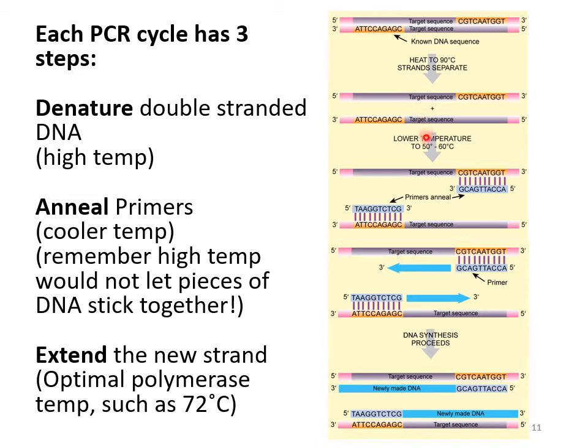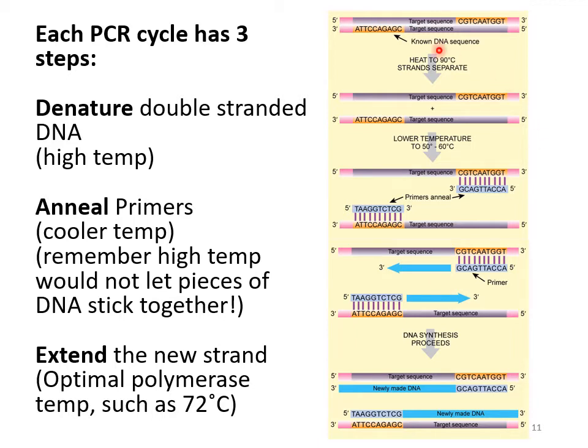It will then cool down so that the short primers targeting your specific sequence can bind. Because think about it, if the machine did not cool down, what would happen? These guys would denature too. They wouldn't be able to stick. So it goes from hot to cool, and then it goes to the temperature for Taq polymerase or whichever DNA polymerase you use, because each enzyme has an optimal temperature.